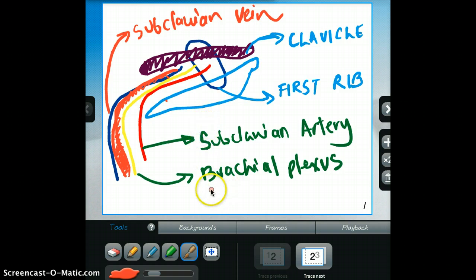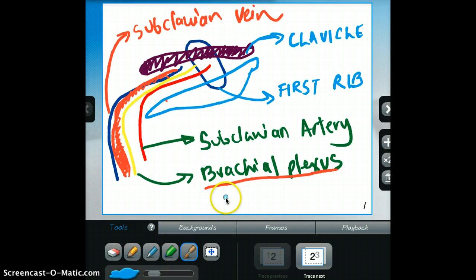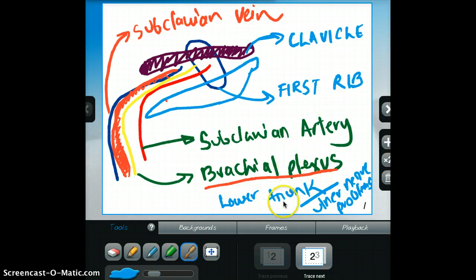Now, when we talk about brachial plexus, it's usually the lower trunk that is being affected. Usually upper trunk is not affected. And we are going to see a lot of ulnar nerve problems whenever we have this thoracic outlet syndrome.